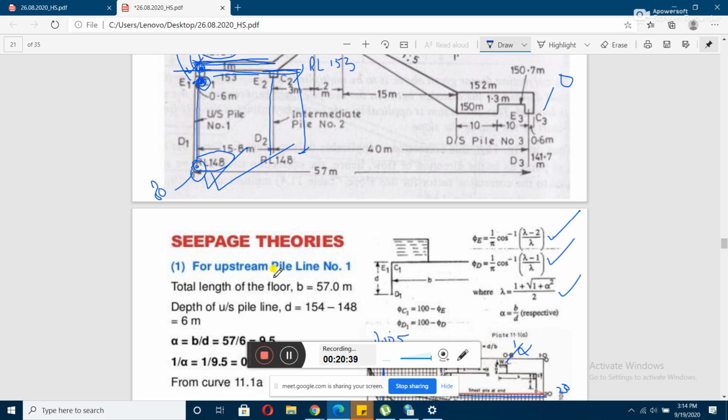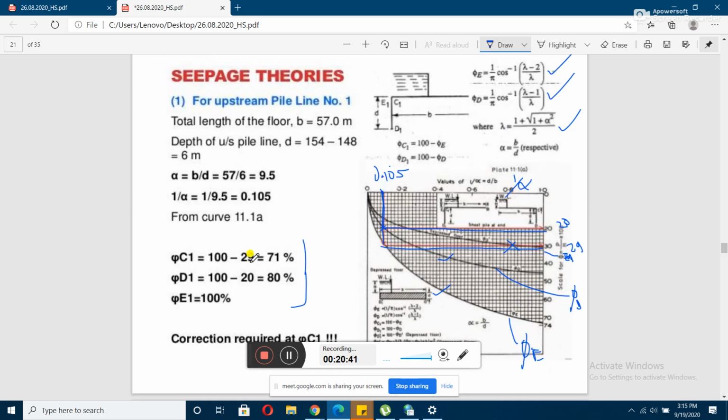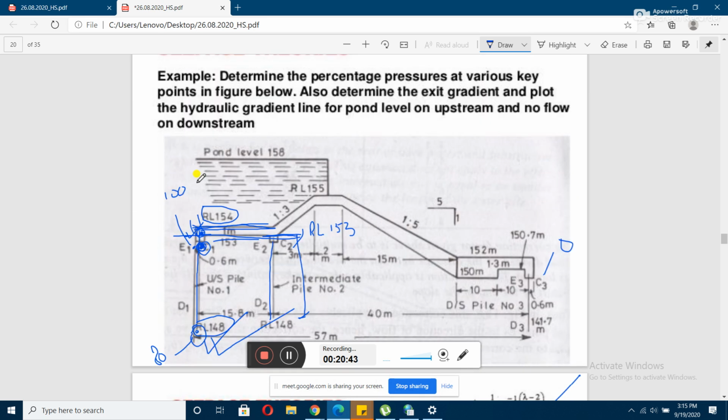Okay, and what is the value of phi c1? That is 71. So just at the extreme point, it has been calculated as 71. So in between, it has to be between 80 and 71, right?